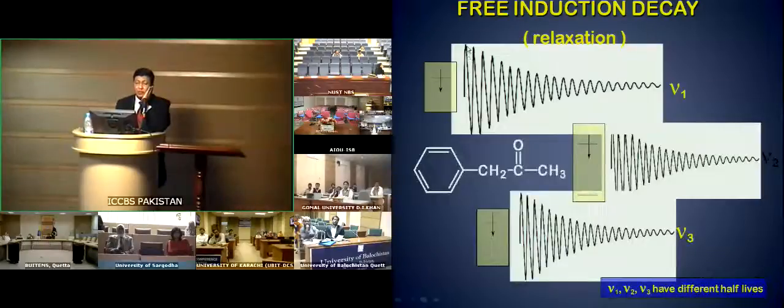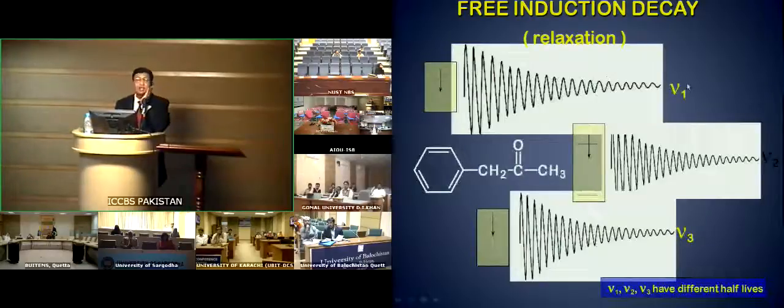Your detector would detect this magnetization vector moving with its inherent precession frequency and slowly moving out of the XY plane towards Z, and then there would be a time when you would have no signal on the XY plane and your detector would not have any AC current on it.